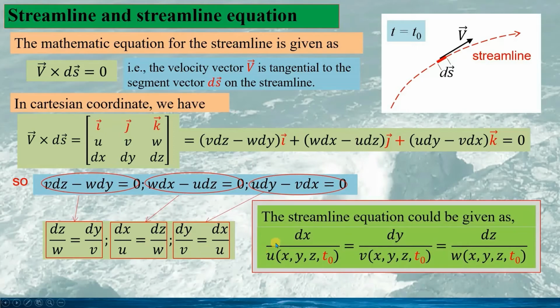Therefore, we can put all this together to make the streamline equation given as this. Here, the velocity component would be the function of x, y, and z. But the streamline equation is for an instant line at t0.